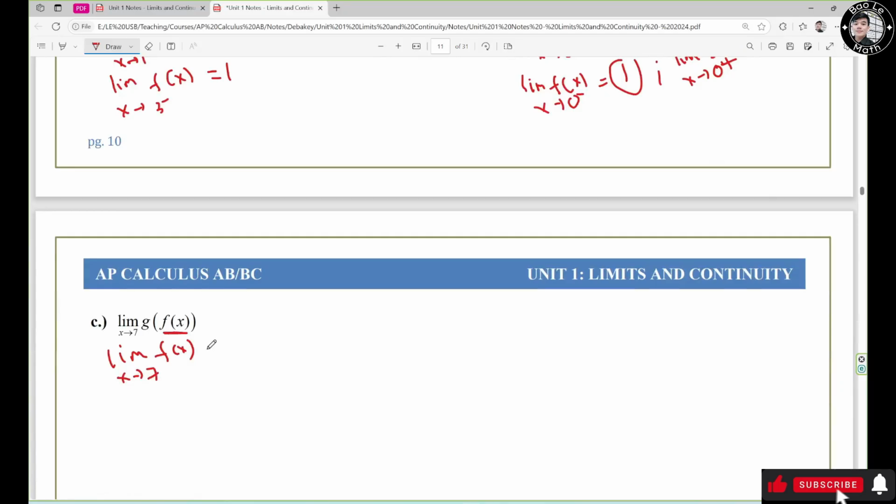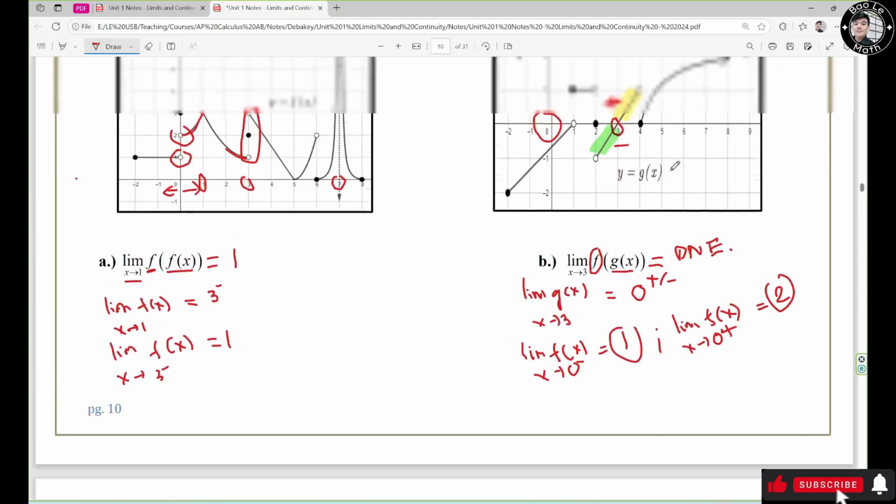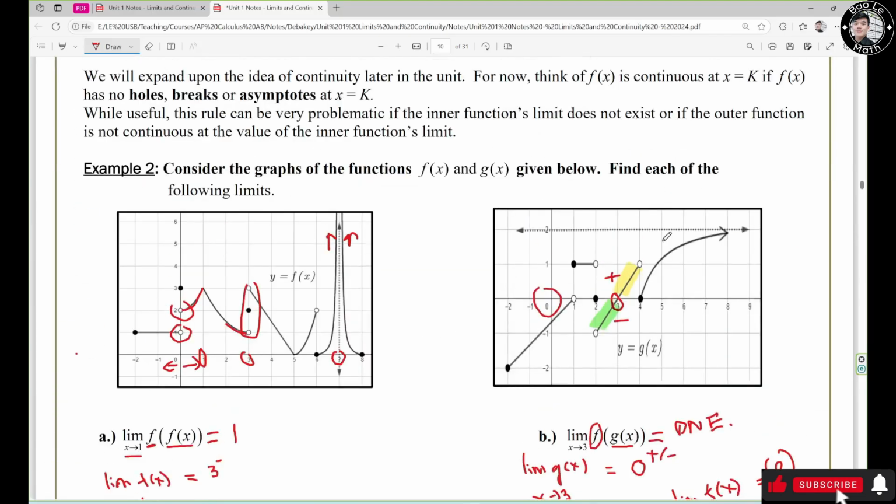So this one equals infinity. Now we need to calculate the limit of the outer function, which means g of s when s approaches infinity. So g of s when s approaches infinity is right here. When s goes to the right, the function approaches the horizontal asymptote right here, which is 2.